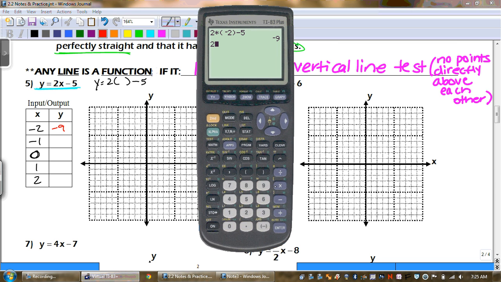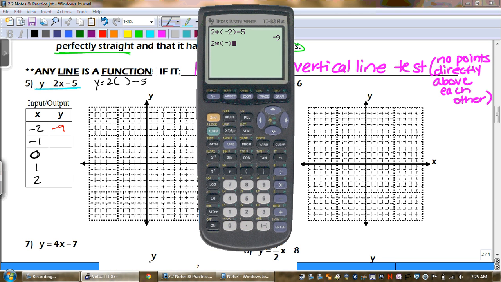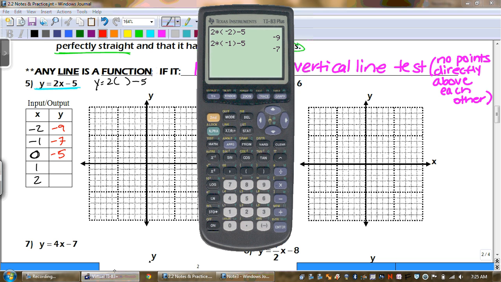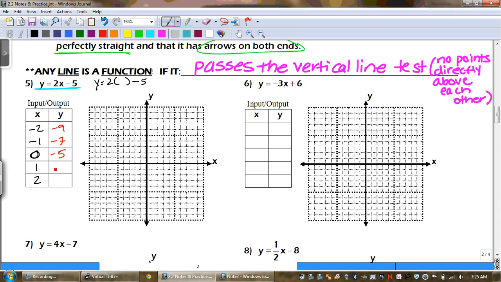Okay, and now I'm just going to do the same thing. 2 times -1. Whoops. Got to make sure I put -1 in there. Minus 5. Get my answer. -7. Okay? And if you notice, you can start to see a pattern. Okay? 2 times 1 minus 5 gives me -3.